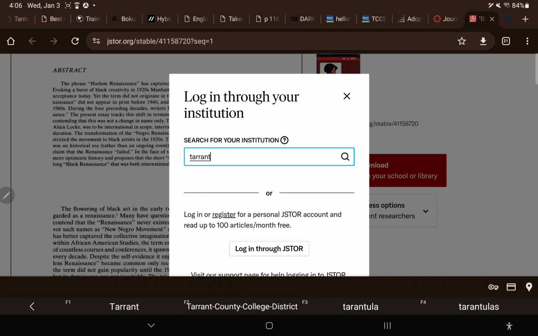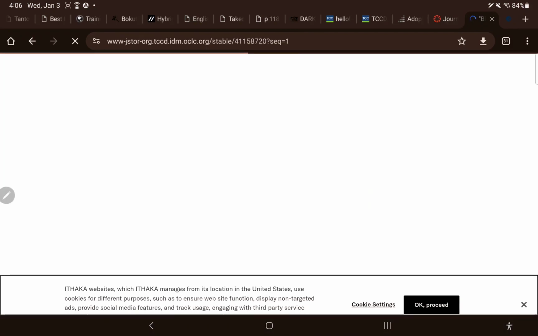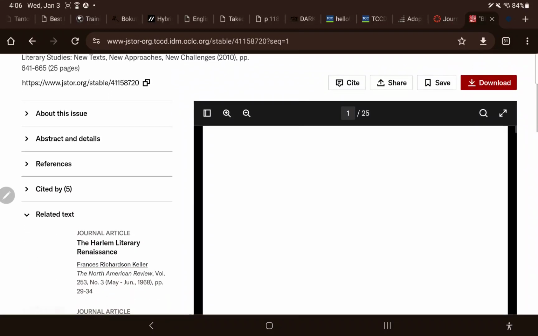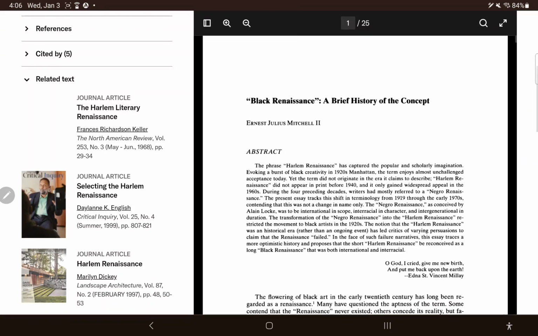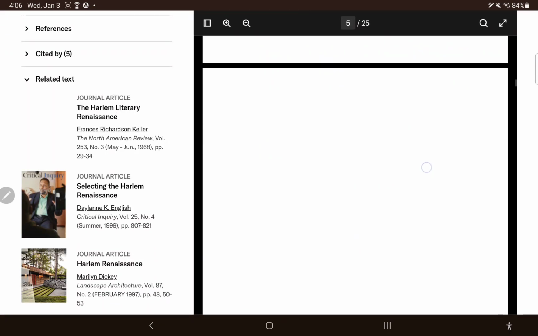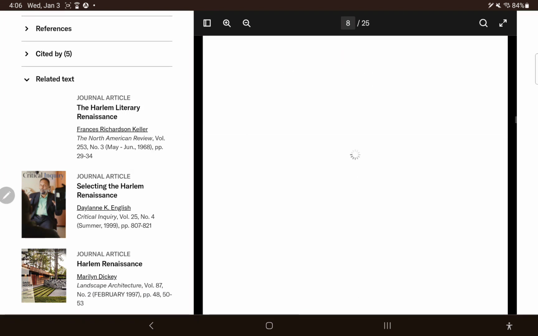There it is, and it will log me in. It's approximately 25 pages, but to be honest, whenever you take out some of the extra stuff in there, it's more like 20 pages.